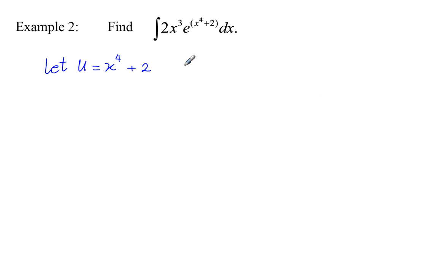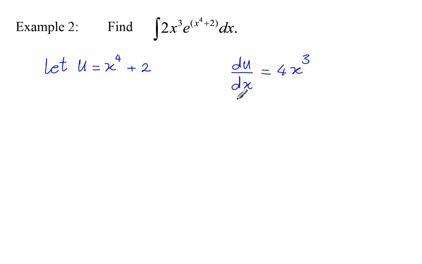If u equals x to the power of 4 plus 2, then du by dx is the derivative of this, which is 4x to the power of 3.